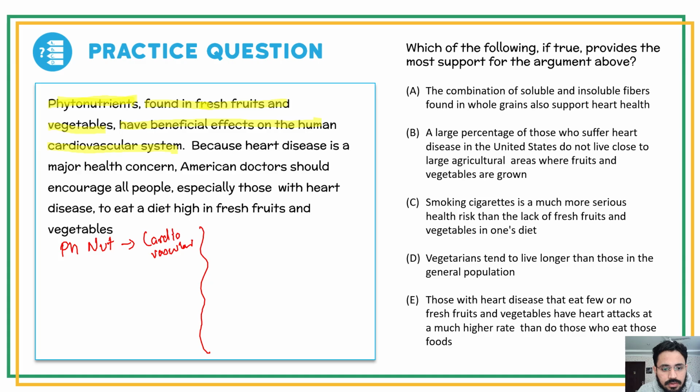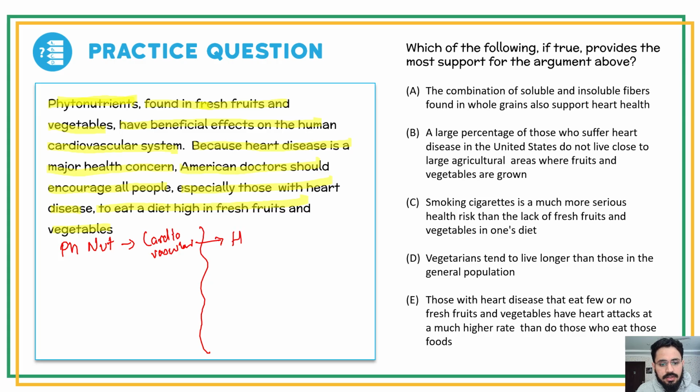And then it goes on to say that because heart disease is a major health concern, American doctors should encourage all people, especially those with heart disease, to eat a diet high in fresh fruits and vegetables. Yeah, that feels like a pretty straightforward paragraph, right? It jumps right into taking a position or making an argument.